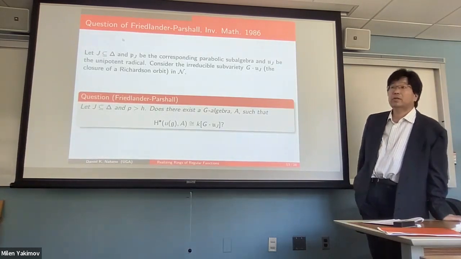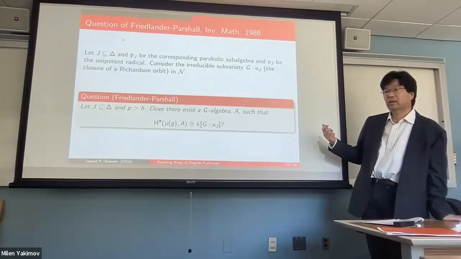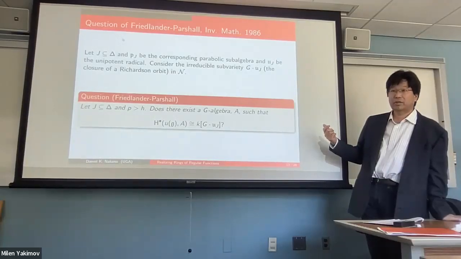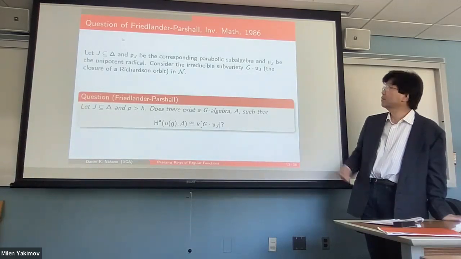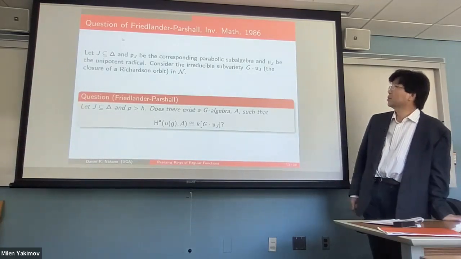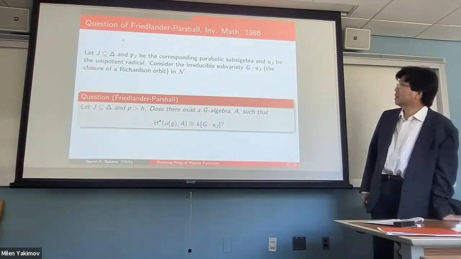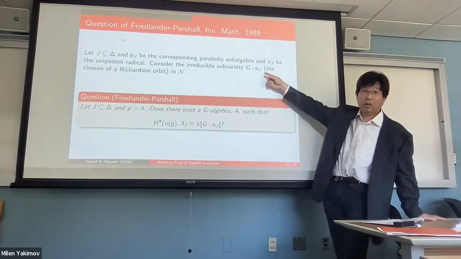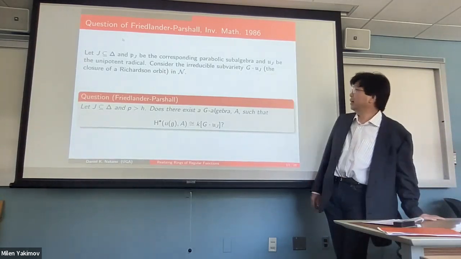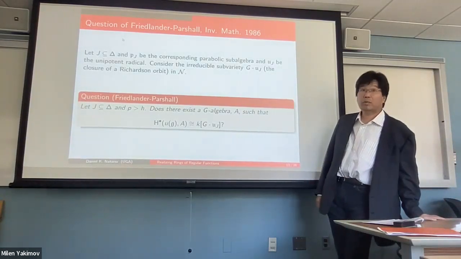I can take this unipotent radical and saturate it with the action of G. This is an irreducible set, it turns out. It's closed because of the completeness of G/P. And it turns out that this is actually the closure of an orbit. And these orbits are called Richardson orbits.